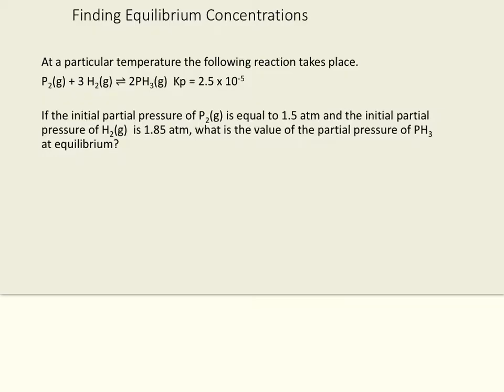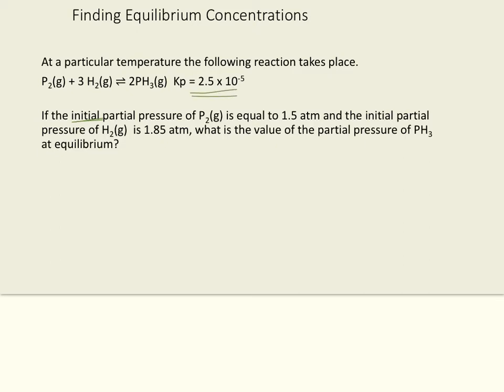All right. Finding equilibrium concentrations. At a particular temperature, the following reaction takes place. If the initial partial pressure of phosphorus is equal to 1.5 and the initial partial pressure of H2 is 1.85, what is the value of the partial pressure of PH3 at equilibrium? All right, so for this one, I'm going to make a RICE table because I've got initial partial pressures and I have a K, right?